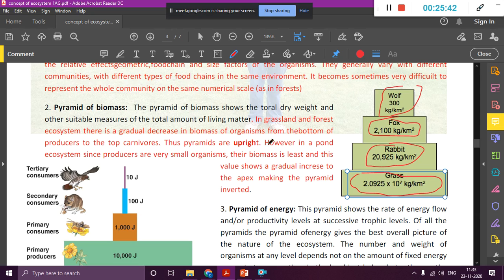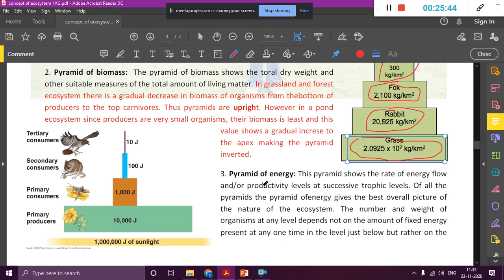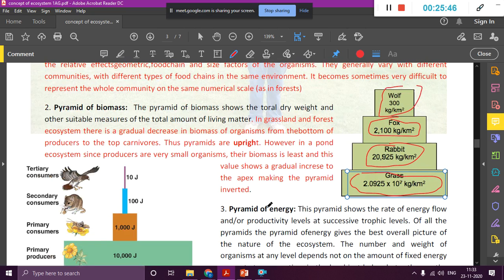This is known as the pyramid of biomass. The grasses have the highest weight, the rabbits lesser, the fox even lesser, and the wolf the least amount of weight.